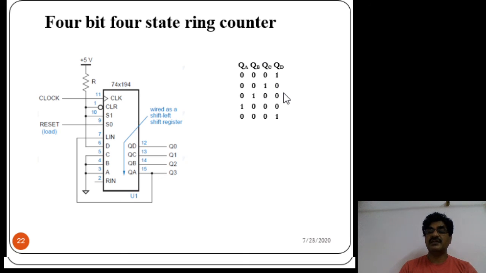Similarly, for the next pulse the data moves circularly towards the left, giving 0100, which is the next state. After this, the initial state comes again. Like that, a 1 continuously circulates. That's why it is called circulating logic 1.